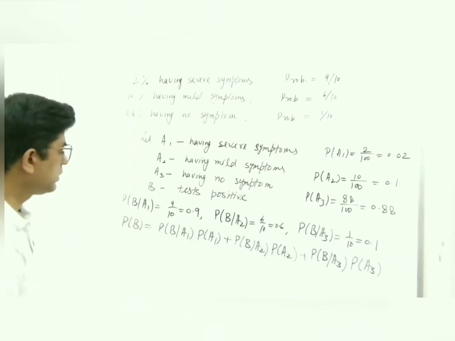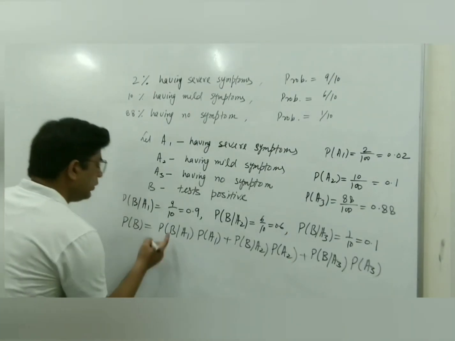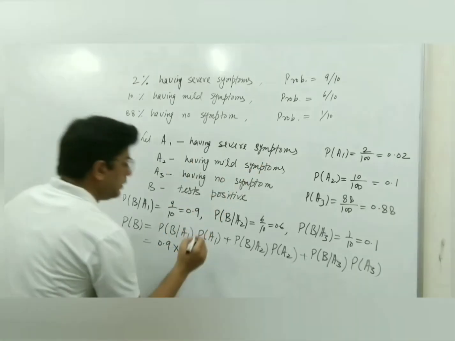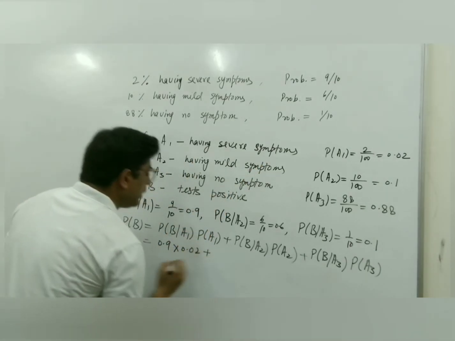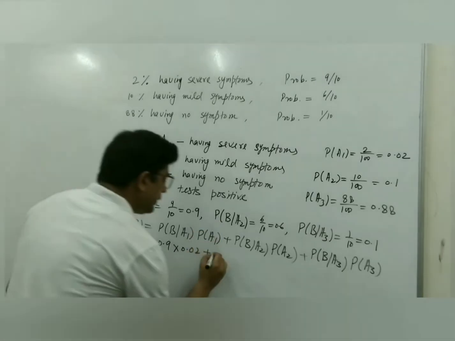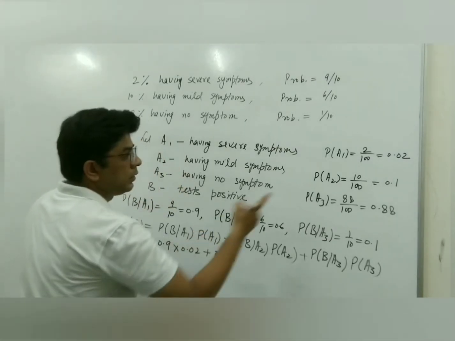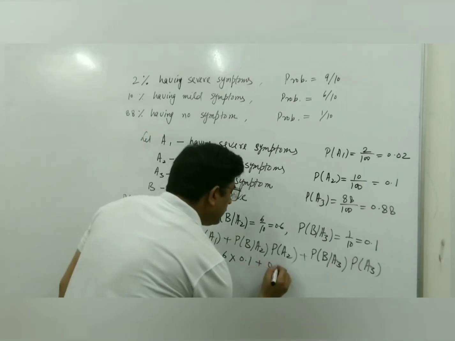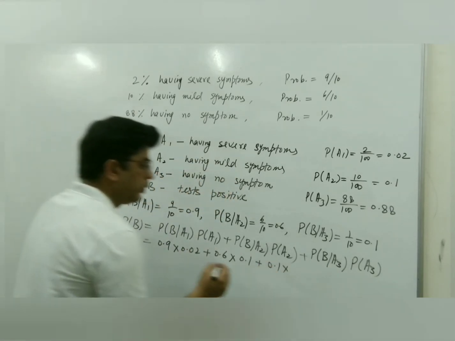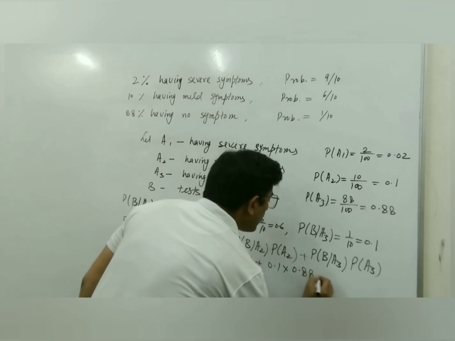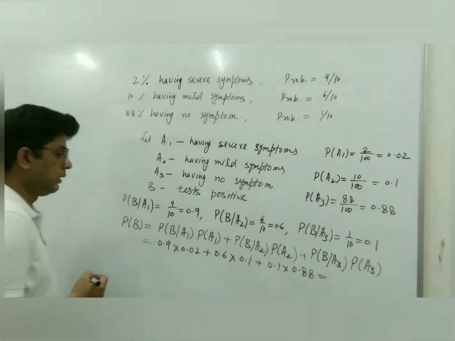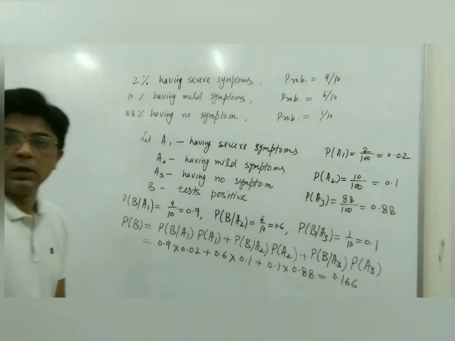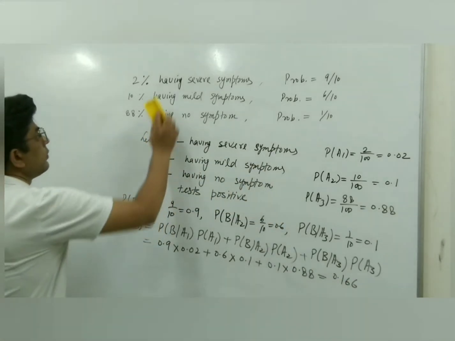Now we put all the values: P(B/A1) is 0.9 into P(A1) 0.02, plus P(B/A2) 0.6 into P(A2) 0.1, plus P(B/A3) 0.1 into P(A3) 0.88. So we calculate this and we get 0.166.